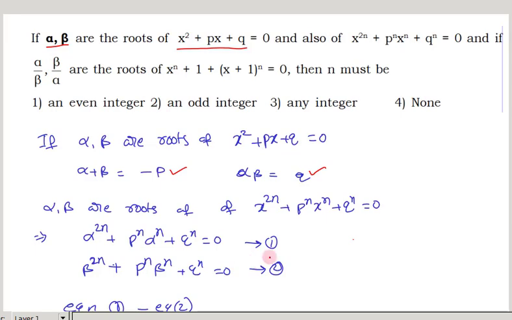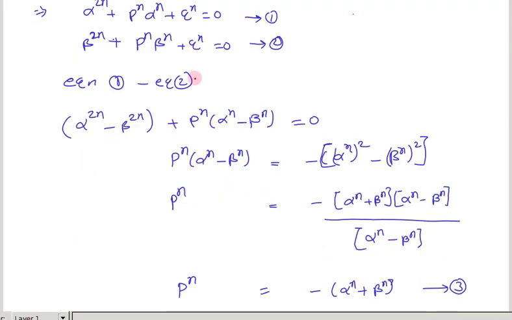Now, on subtracting these two equations, we get alpha to the power of 2n minus beta to the power of 2n plus, on taking p to the power of n as common, p to the power of n into alpha to the power of n minus beta to the power of n, is equal to 0. On subtracting these two equations, the q to the power of n term gets cancelled. Then we get this equation.